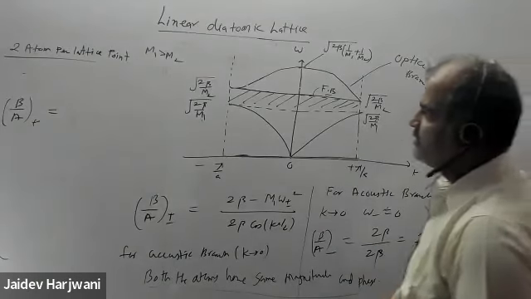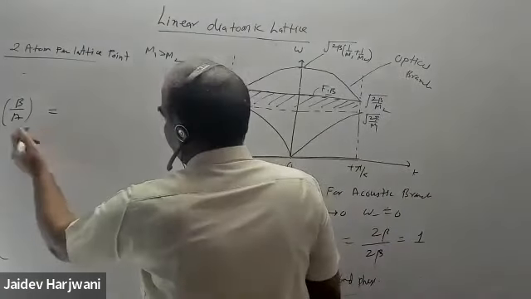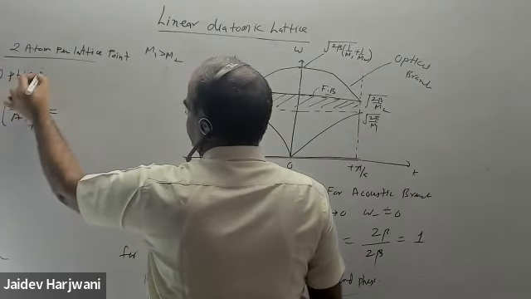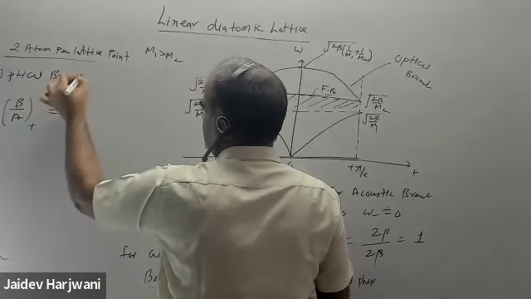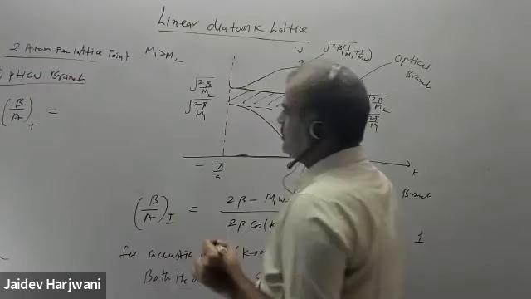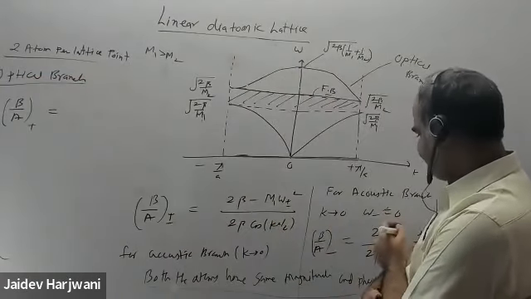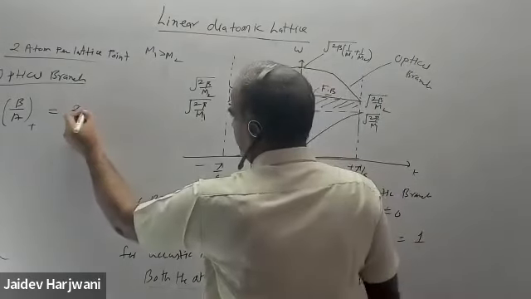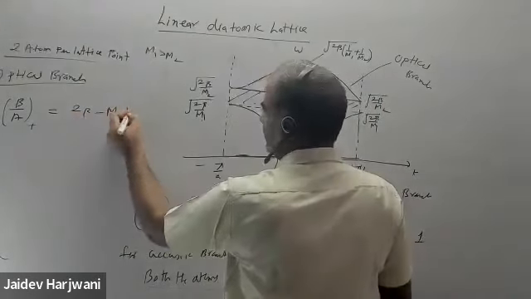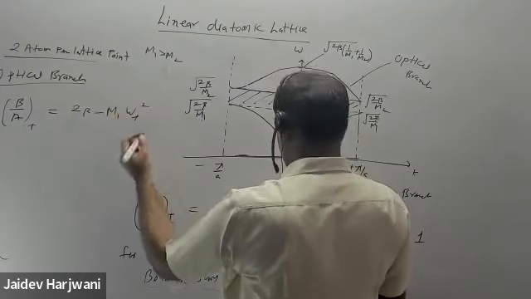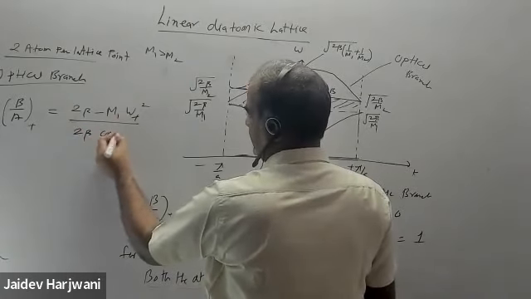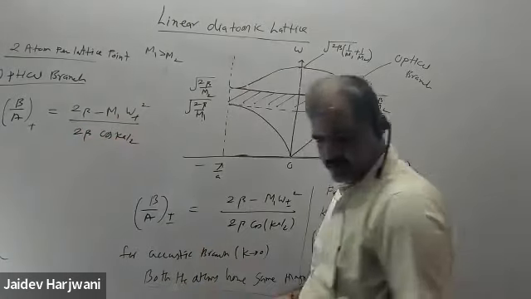Now similarly, if I want to write this for the optical branch, b by a, put the value here: 2 beta minus m1 omega plus square upon 2 beta cos k by 2.